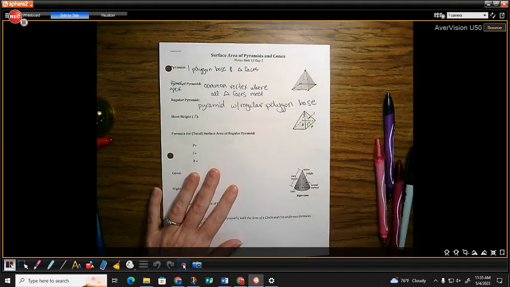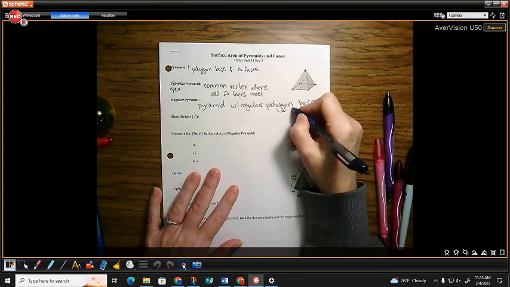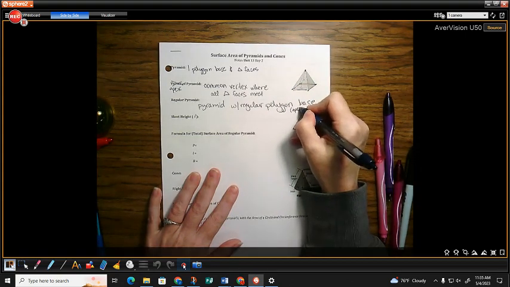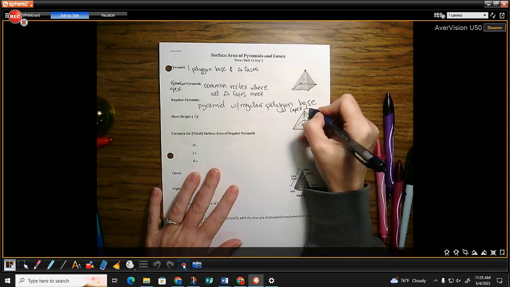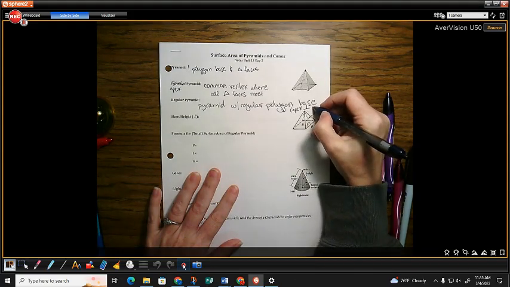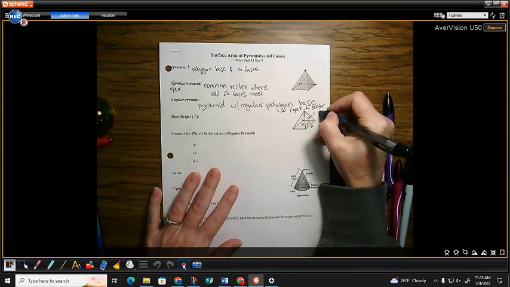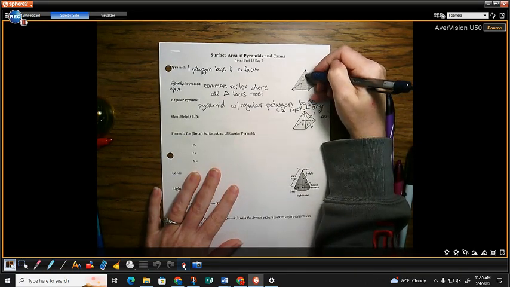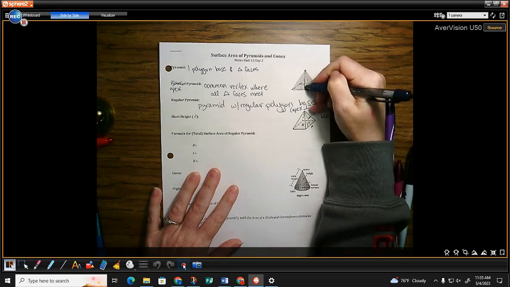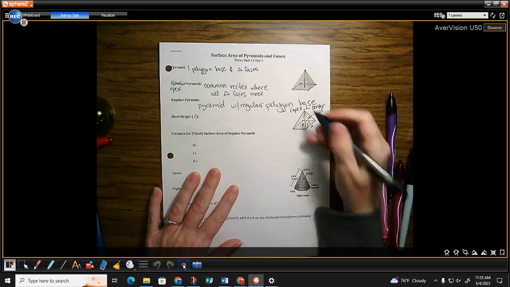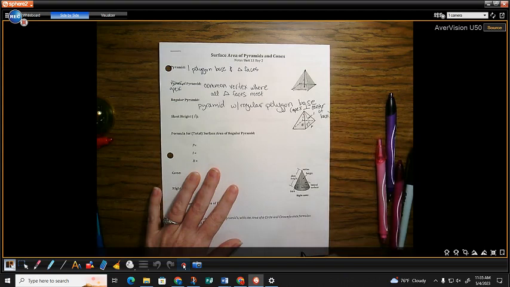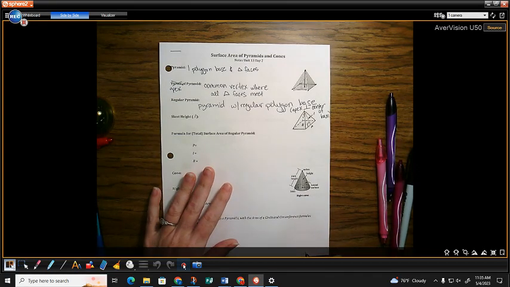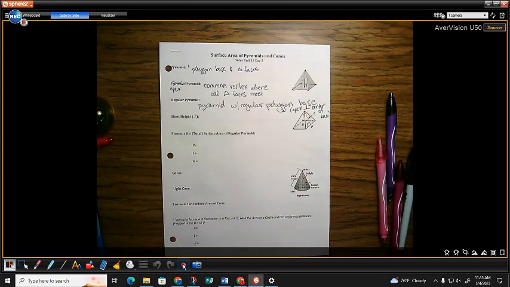And to be a regular pyramid, in order for those side face triangles to be congruent, the apex is going to be perpendicular above the center of the base. Okay, so if you were to take this and draw perpendicular straight down to the base, that's going to make it a right regular pyramid.